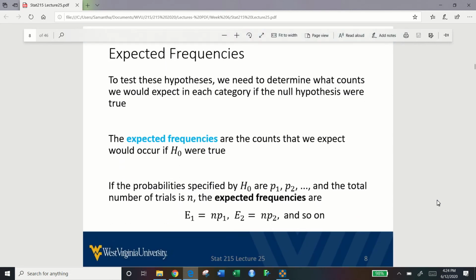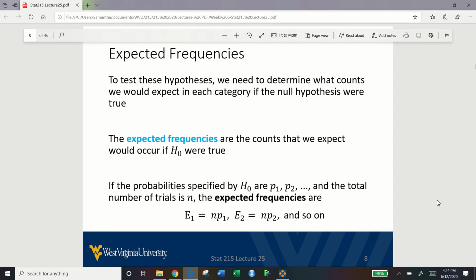So to test our hypothesis, we need to determine what counts we would expect in each category if the null hypothesis were true. The expected frequencies are the counts that we expect would occur if our null hypothesis was true.